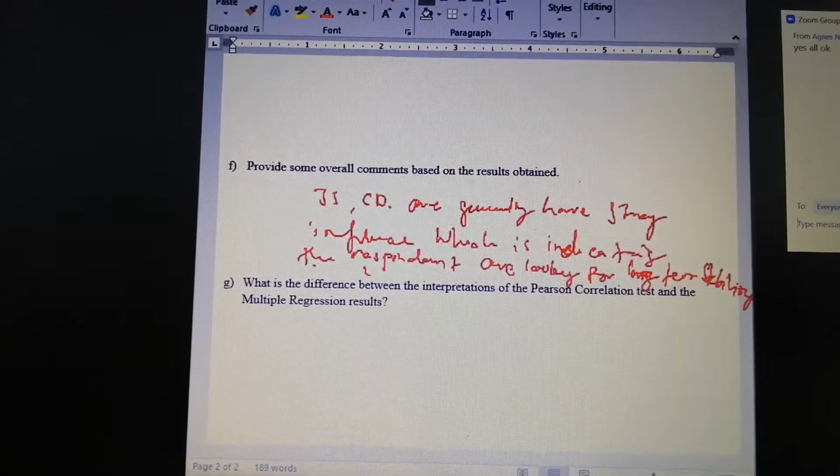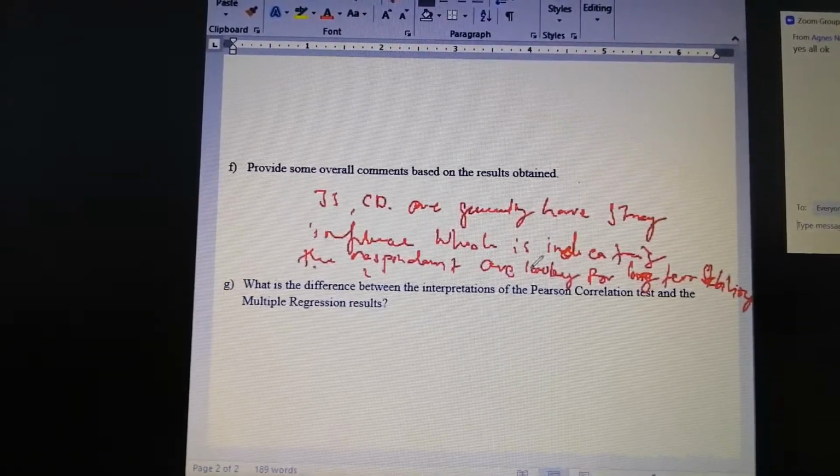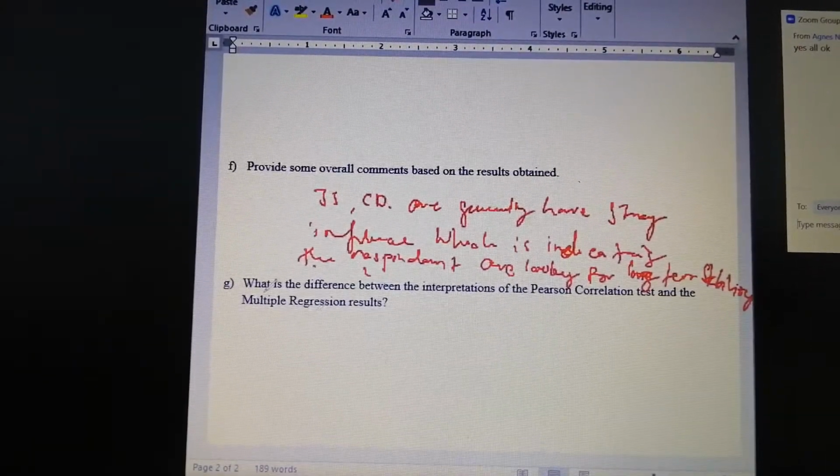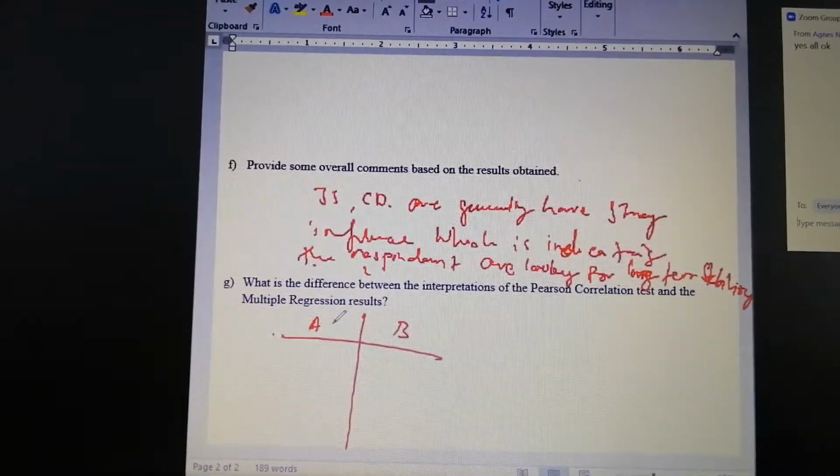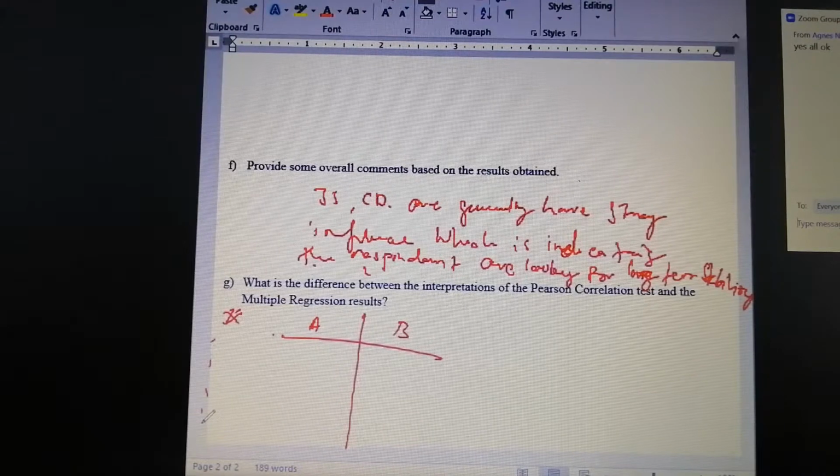Okay, so you need to know the difference between these two. For the correlation coefficient, say these are your two parameters, A and B, and these are the observations.